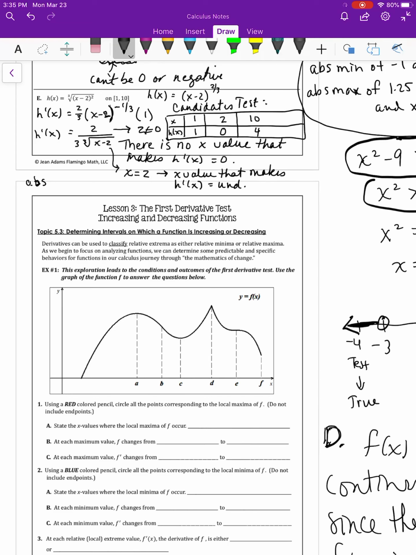And so we can say that there is an absolute min of 0 at x equals 2 and an absolute max of 4 at x equals 10. And these are your extrema for letter E.